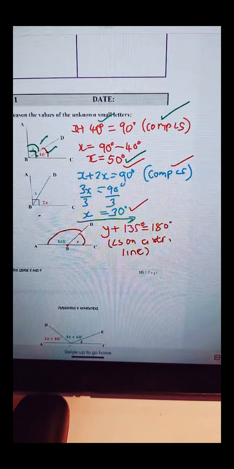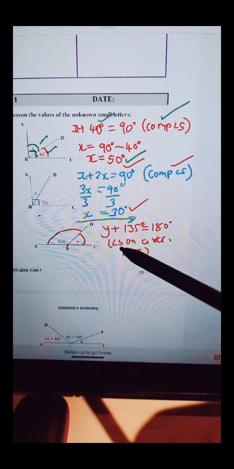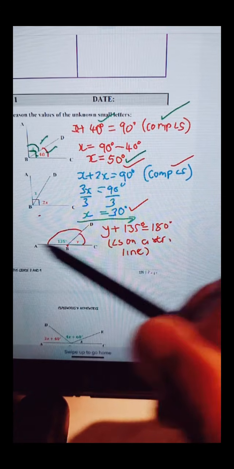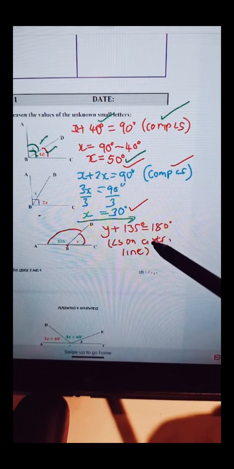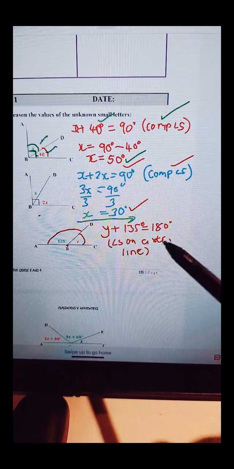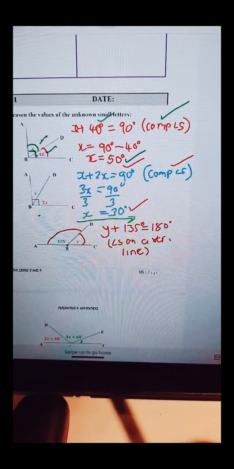Angles on a straight line. Because these two angles are lying on the straight line ABC, we write str for short, we put a dot, and then we write line. So that's the acceptable reason.